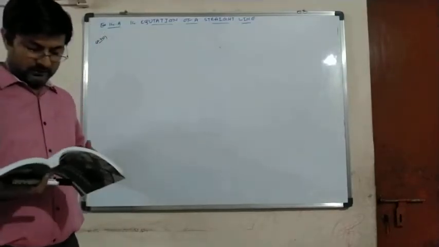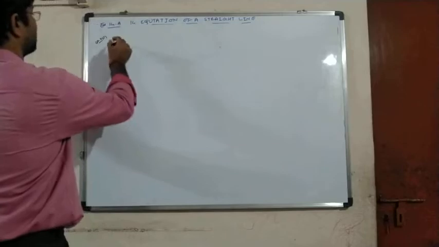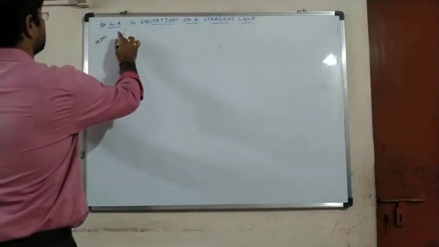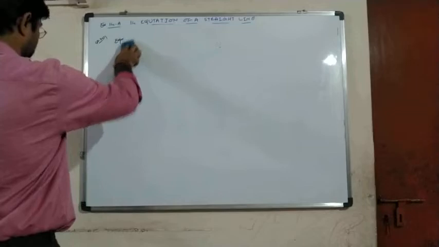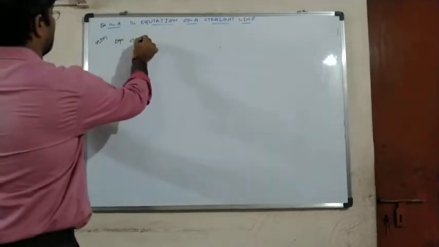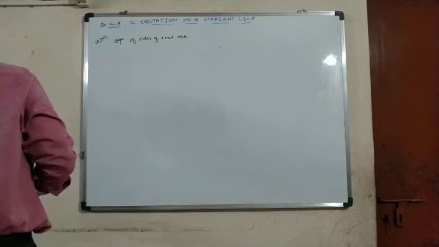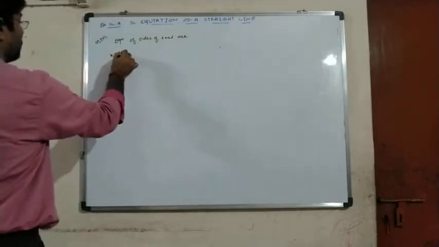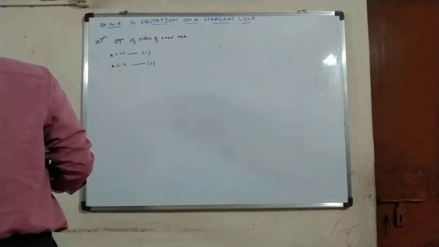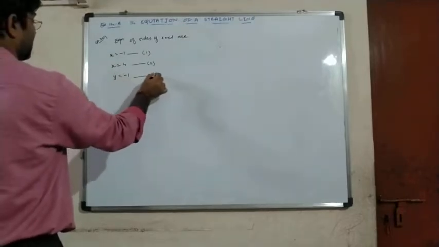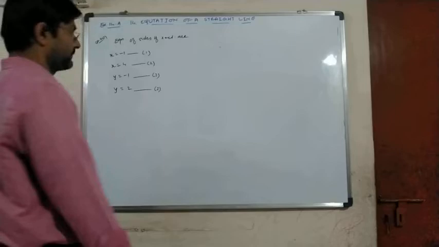Find the equations of the diagonals of a rectangle whose sides are x = -1, x = 4, y = -1 and y = 2. So we are given the equations of the four sides of a rectangle.